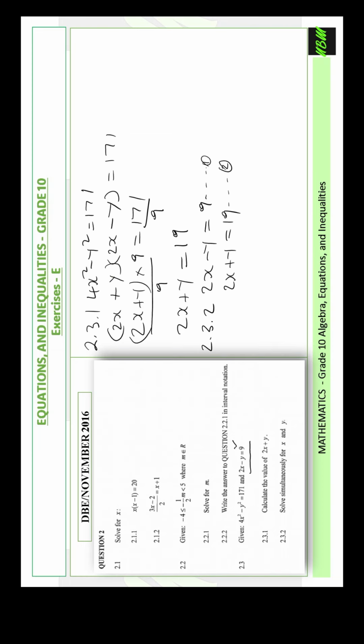Okay, we have space. In fact, let's take the whole of question 2.3.2 to the other side. In 2.3.2, we have established the two equations that we must solve simultaneously: 2x minus y is equal to 9 and 2x plus y is equal to 19.